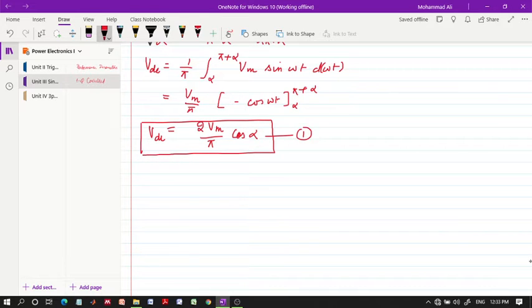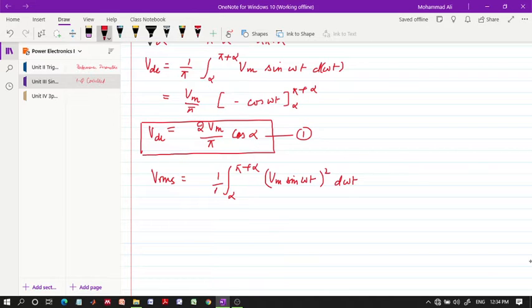And similarly we can find out the RMS value. The rule of mathematics will be over here. So we can take it like this: integrating from alpha to pi plus alpha, Vm sine of omega t square d omega t, right?